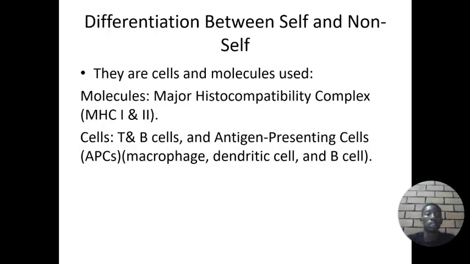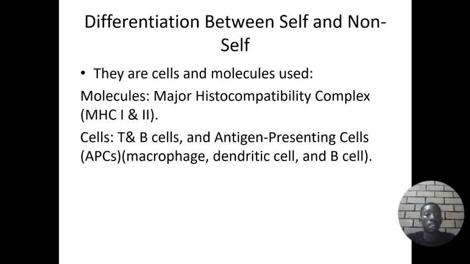Let's start. The first thing I'm going to tell you is how the body differentiates self and non-self. There are cells and molecules used in that. The first is molecules: the major histocompatibility complex 1 and 2.